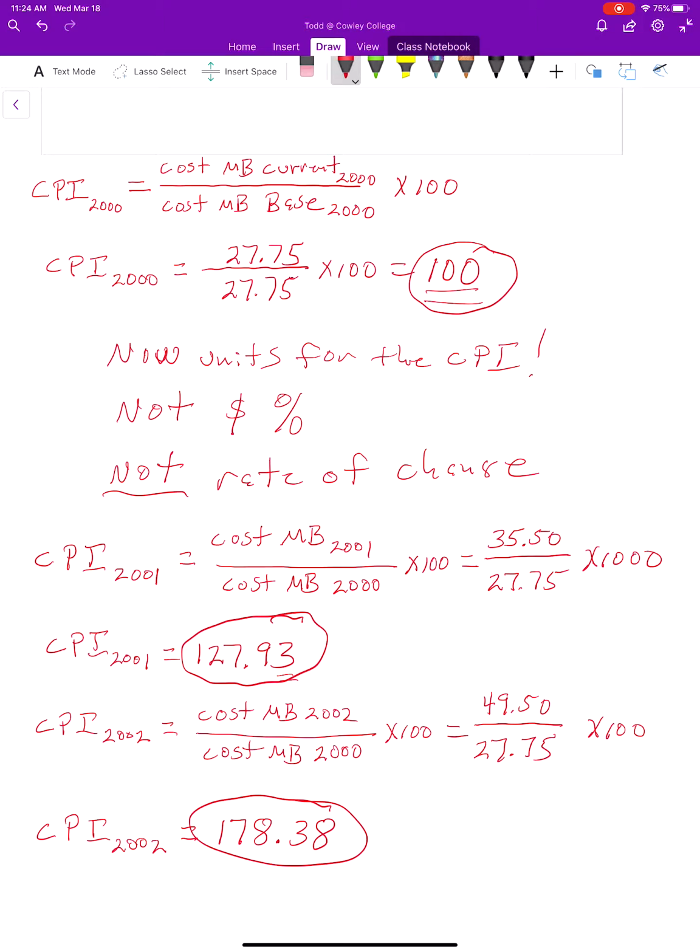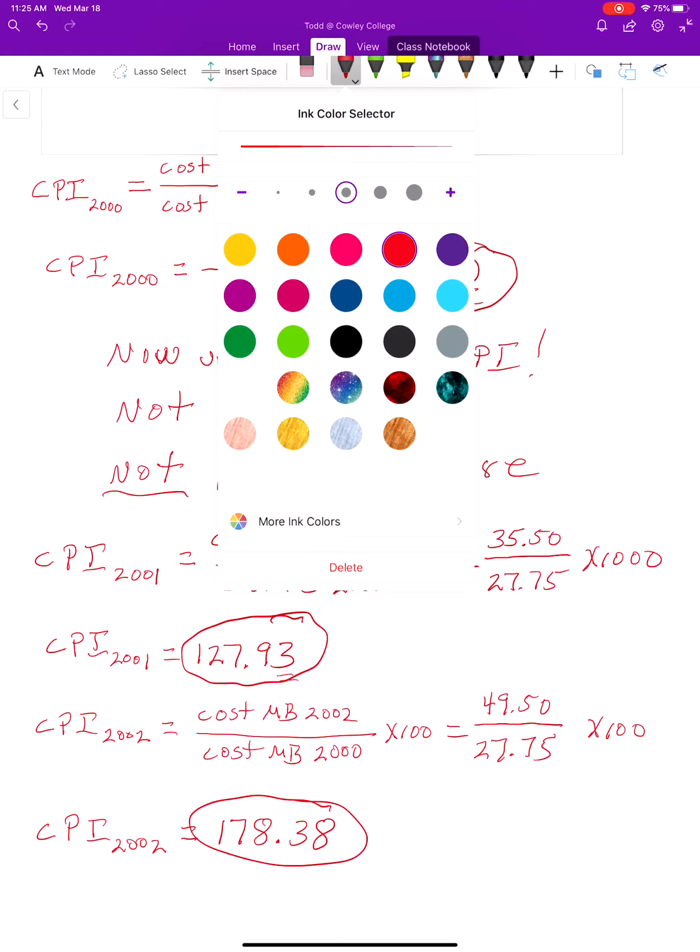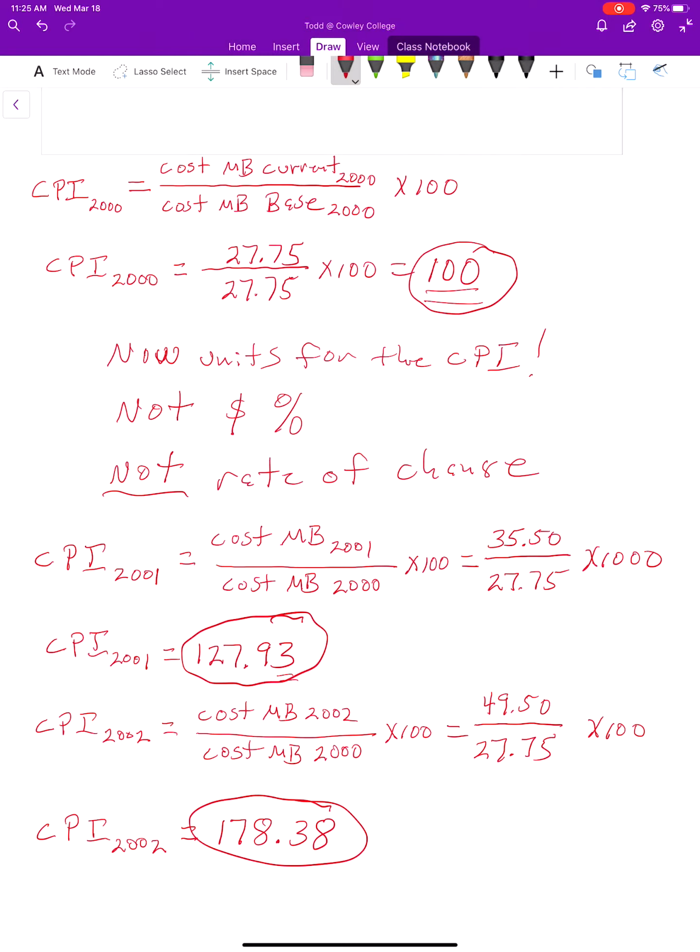All right. Now, the interpretation of the Consumer Price Index. This is always the very last part that you're going to do. And this is where we have to remind ourselves that the year 2000 was going to be our base year. So let me put that back up here. So the year 2000 is going to be equal to 100.